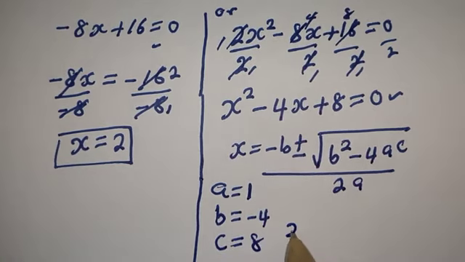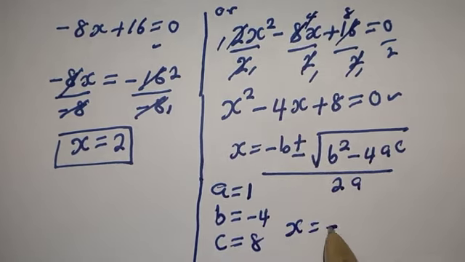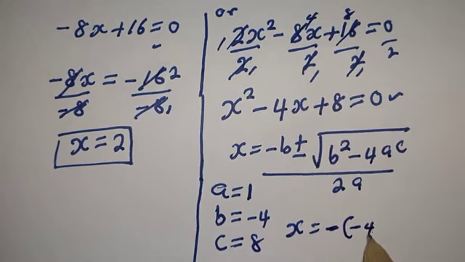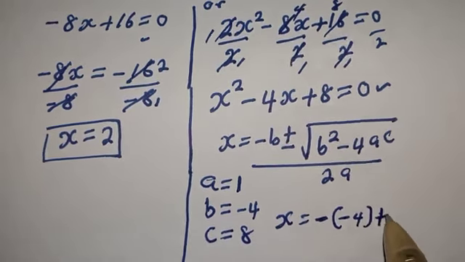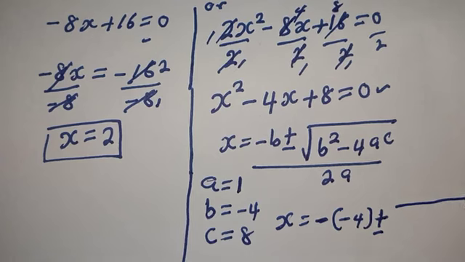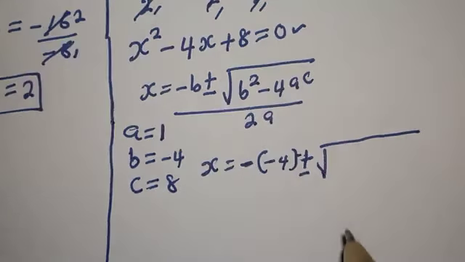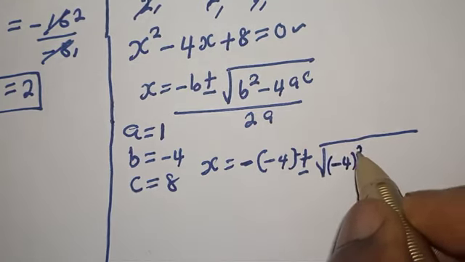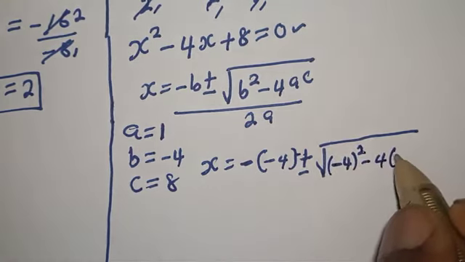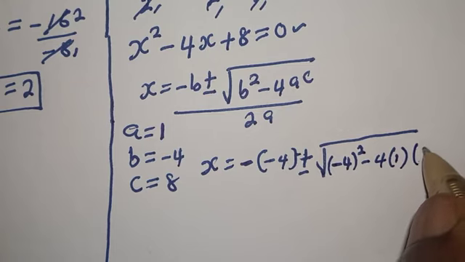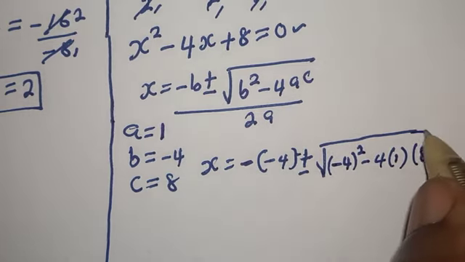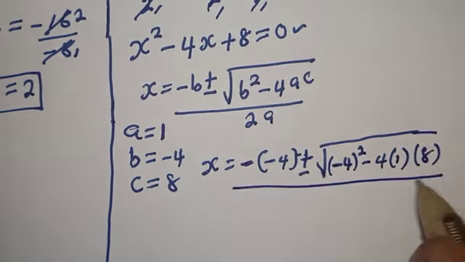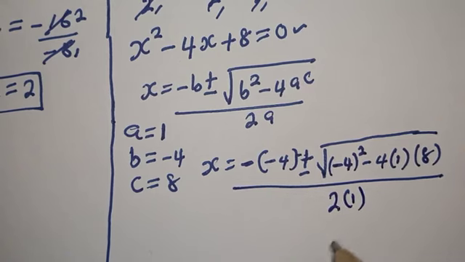Let's substitute. s is equal to −(−4) plus or minus square root of (−4)^2 − 4 multiplied by 1 multiplied by 8, over 2 multiplied by 1.